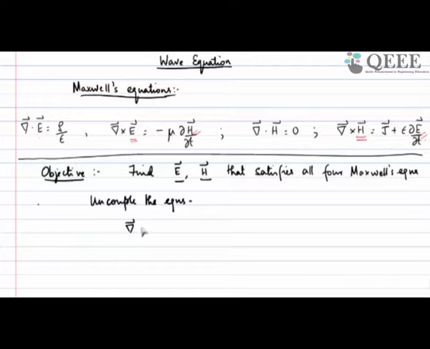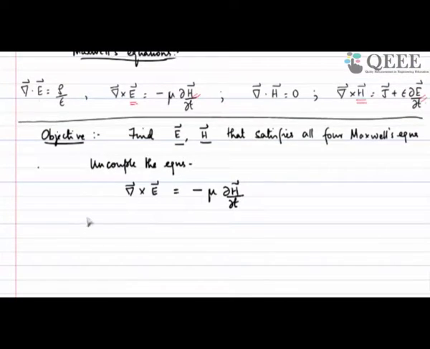So I have curl of E is minus mu del H by del t. I use vector calculus again to do this. The key is I know what curl of H is. I know curl of H through this.